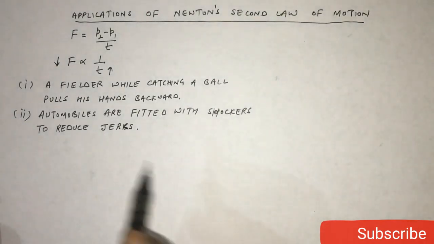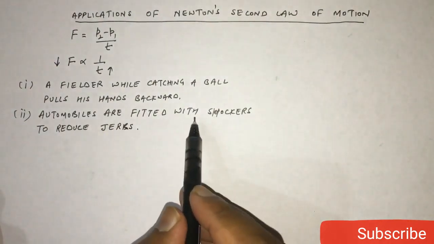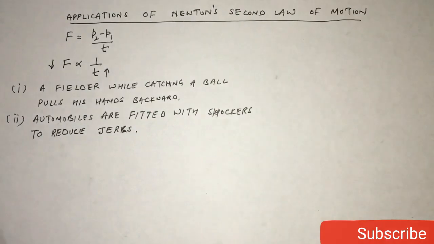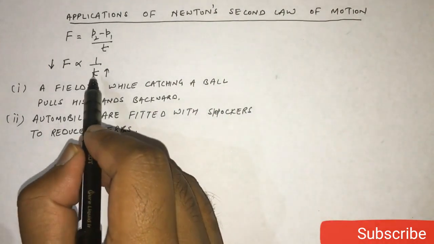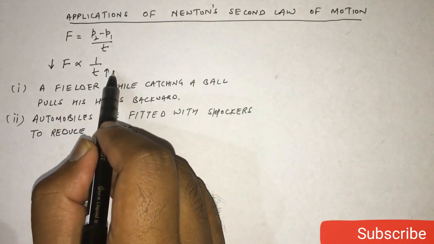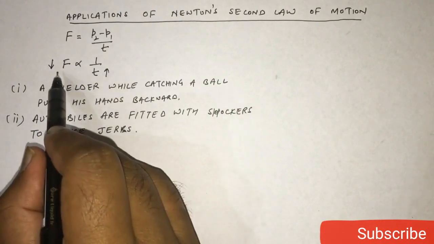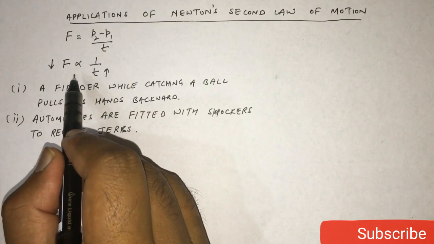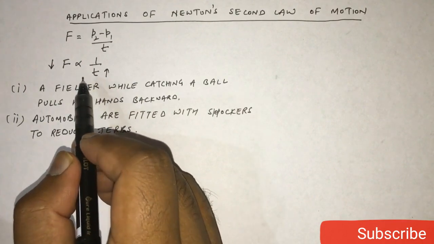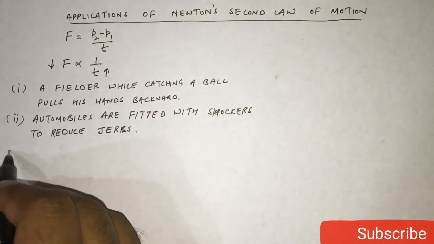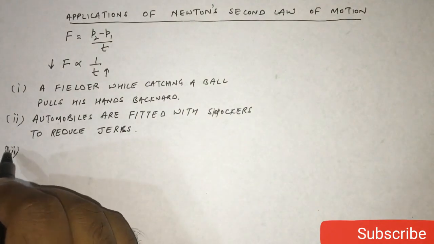So automobiles are fitted with shockers. The purpose of the shockers is to increase the time of impact of the jerk so that the force of jerk experienced by the passenger sitting on the vehicle is less. Clear?